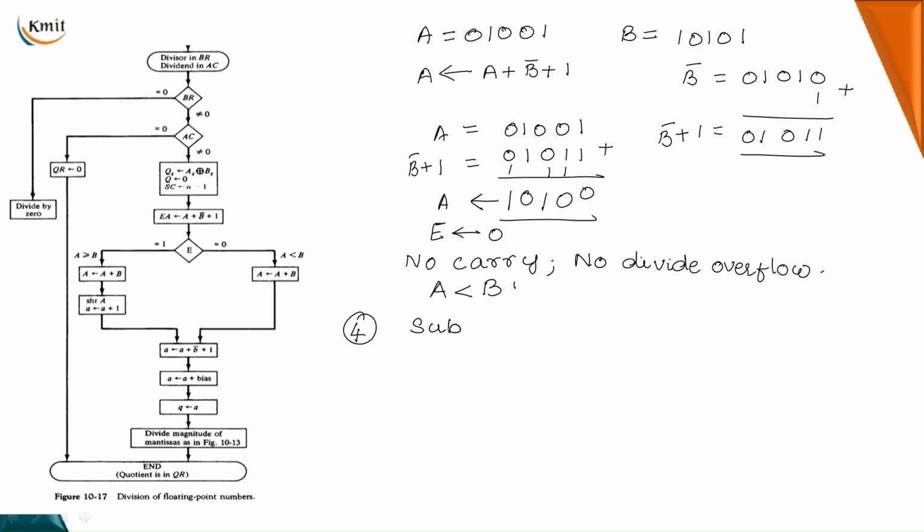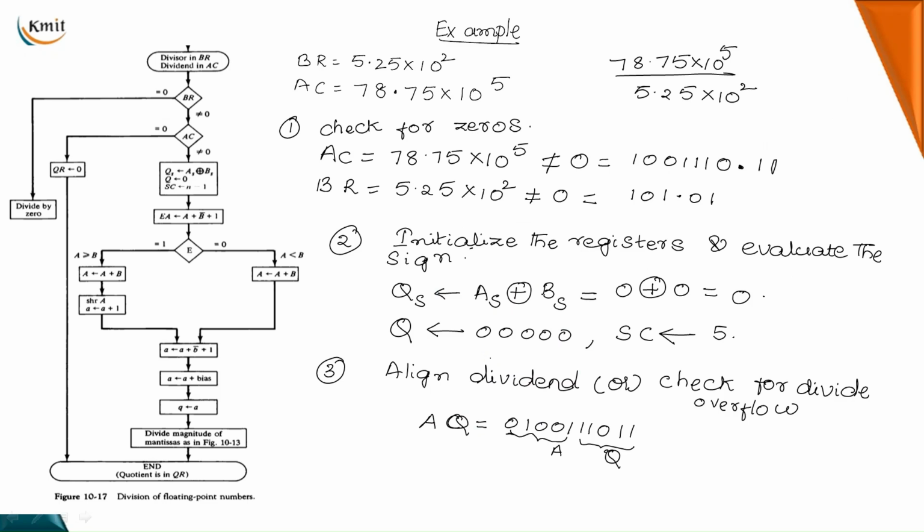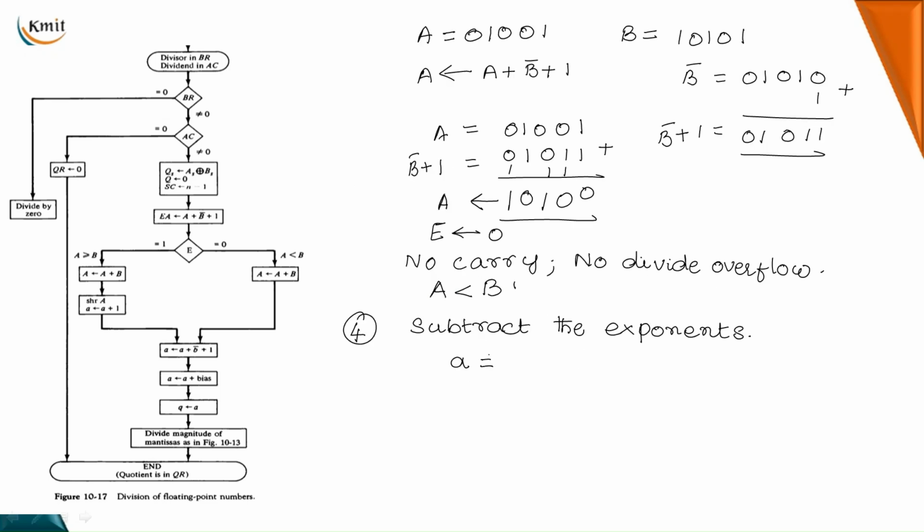to subtract the exponents. You have your exponent of dividend which is stored in small a. So what is the exponent of your dividend? AC dividend exponent is 5 and BR divisor exponent is 2. So small a is equal to 5 and small b is equal to 2. So you have to subtract the exponent as a minus b, which can be done as a plus b complement plus 1.